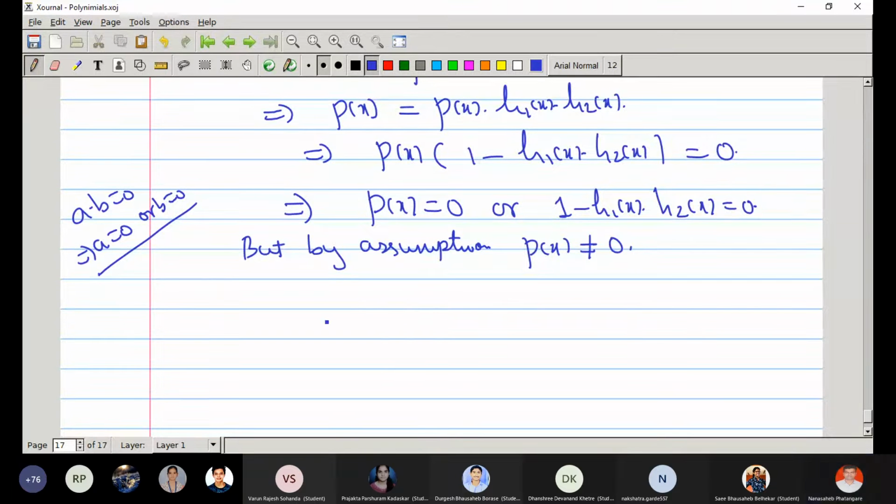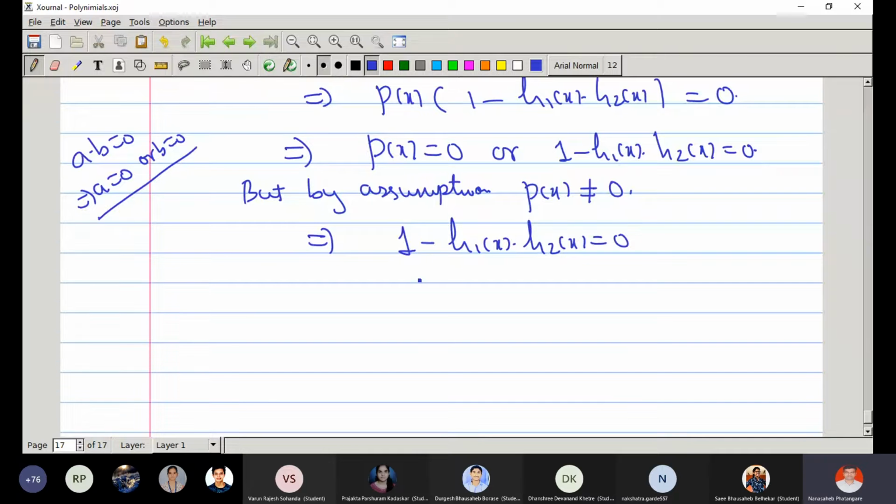So h1(x) into h2(x) is equal to 1. That means h2(x) is a multiplicative inverse of h1(x).